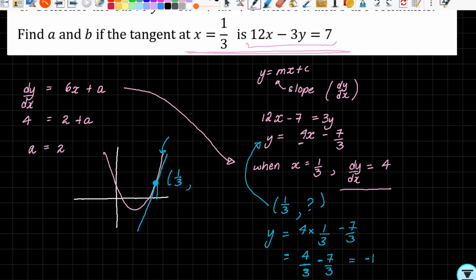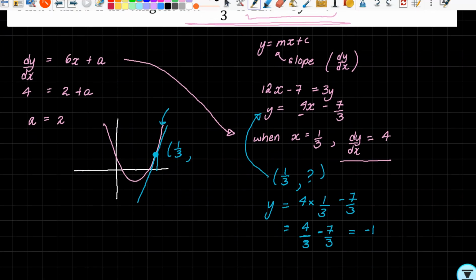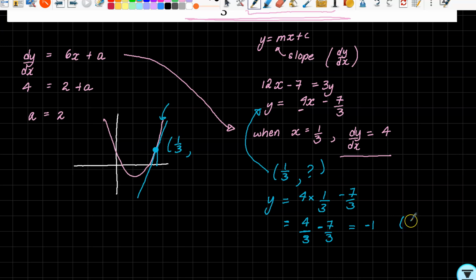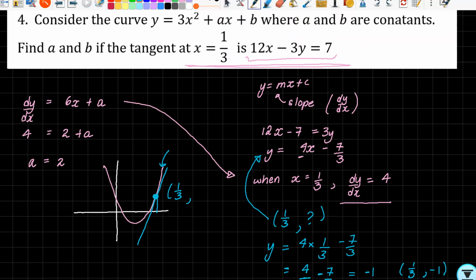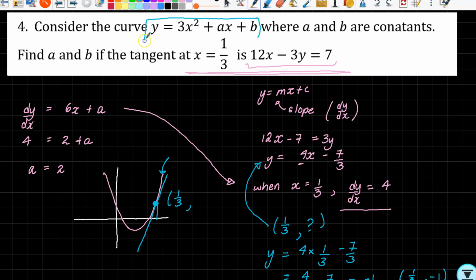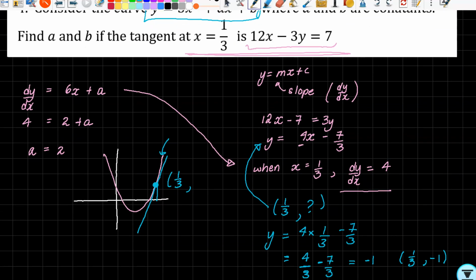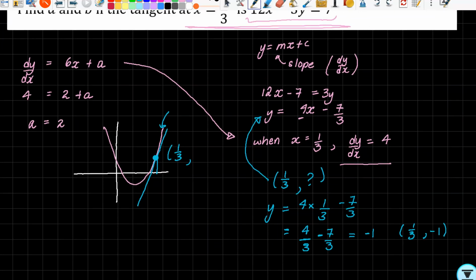So remember, what did we want to do to find a and b? We now know that the point (1/3, minus 1) not only lies on my tangent, but this point also lies on my original quadratic. Okay, so I'm going to sub that into my quad.